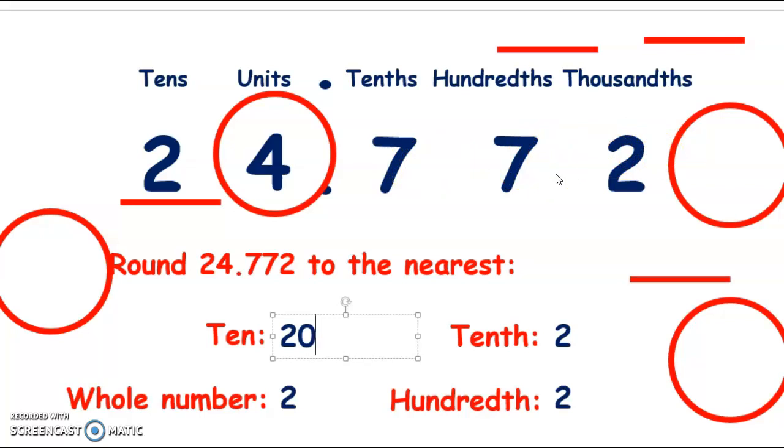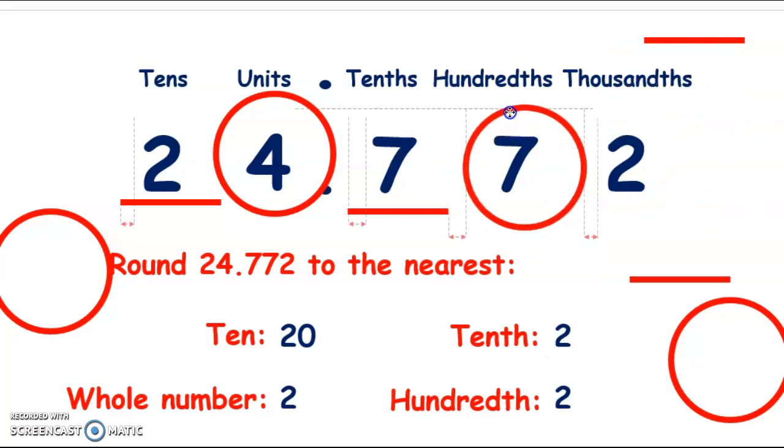Let's continue. I have a number here, 10th. I want to round this number 24.772 to the nearest 10th. To the nearest 10th is here, 7/10. So I'll underline the number, which is 7. After underlining, I check the second number, which is 7.